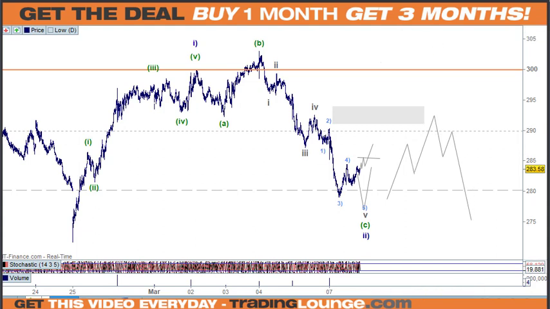So it's this B wave here that we want to short. You can get closer to the market, that's okay, but otherwise it's there, or you draw a line through there at that point.